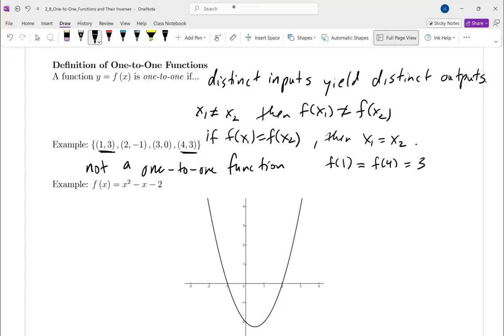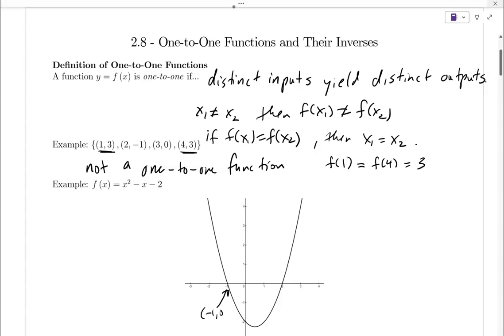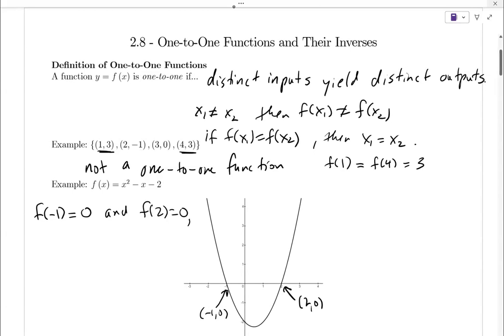Okay, good. So this is the point -1, 0. You see another point that you can plug in to give you 0? 2, 0. That's the point 2, 0. So looking at the graph, f of -1 is equal to 0 and f of 2 equals 0. And certainly, -1 is not equal to 2. So f is not one-to-one.